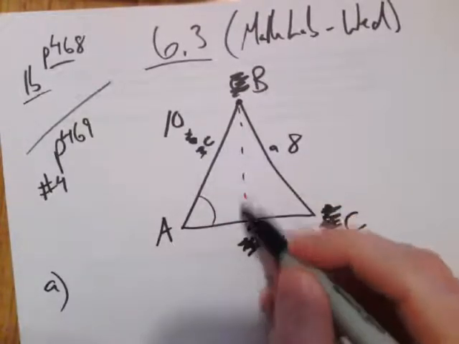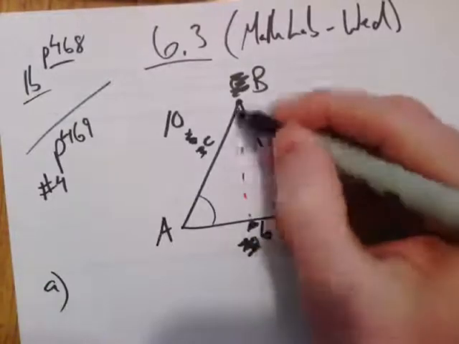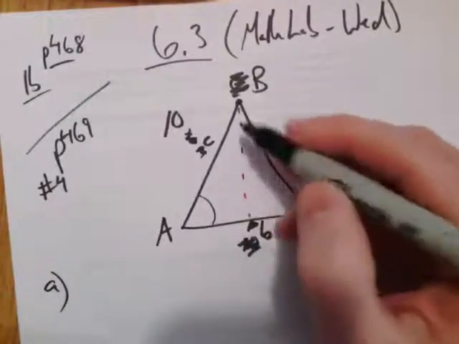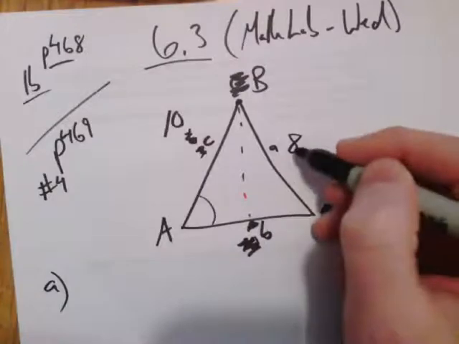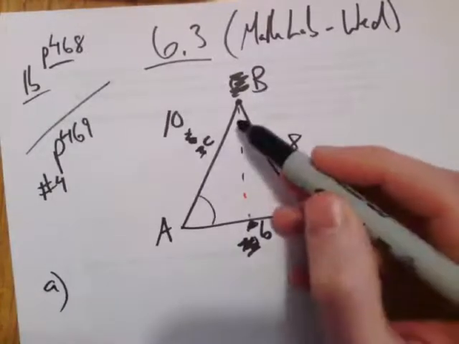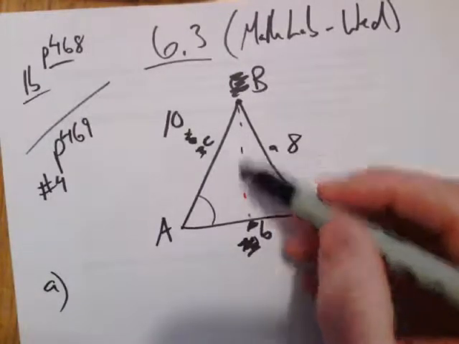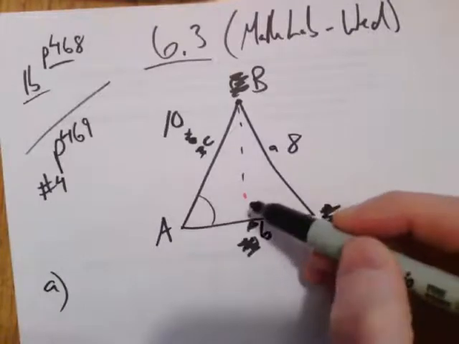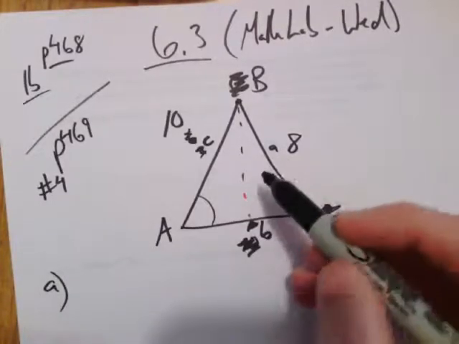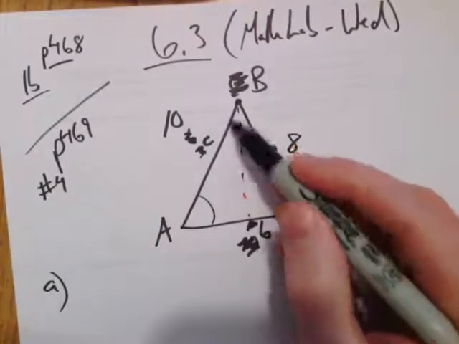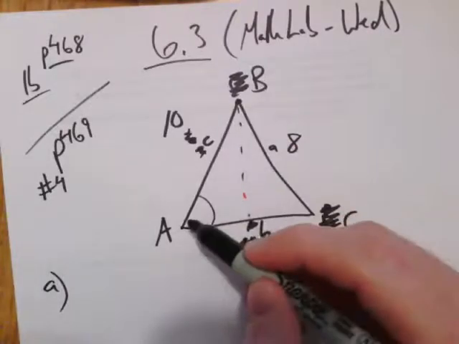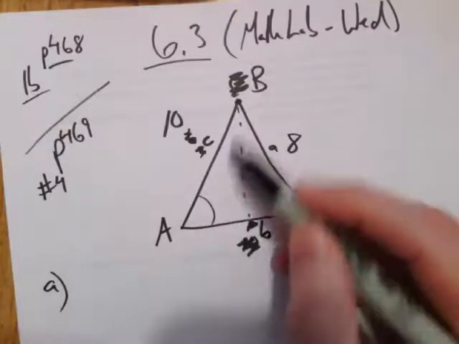We could assume the opposite side is 8.1, an arbitrary bigger number, and solve for the angle. Another way, which is probably better, is to figure out the angle if this was 8, and then angle A would be anything bigger than that.